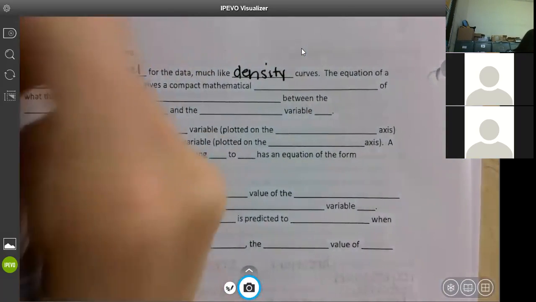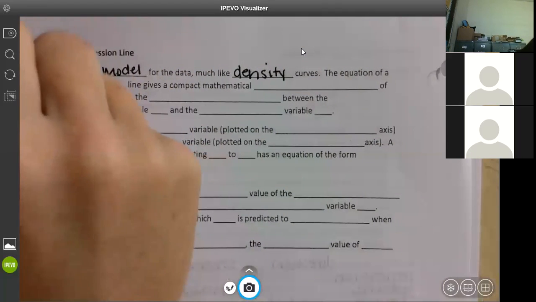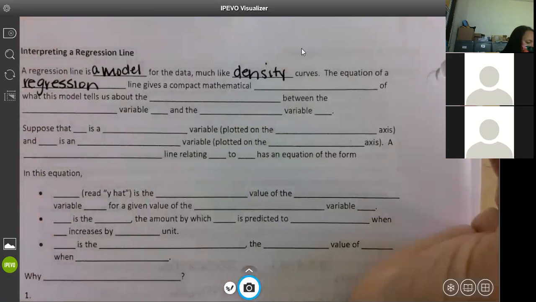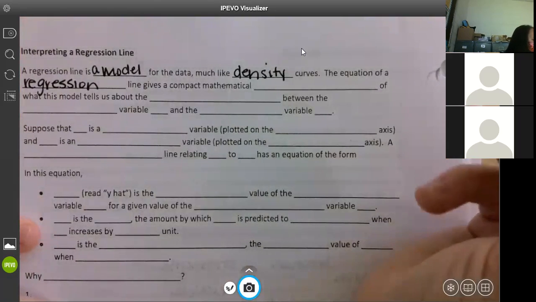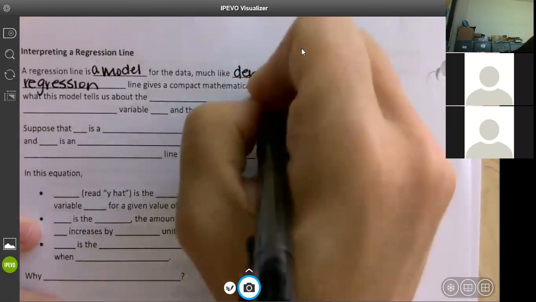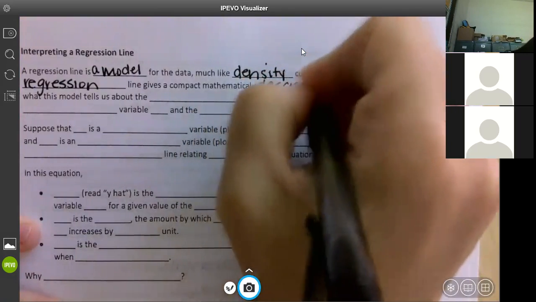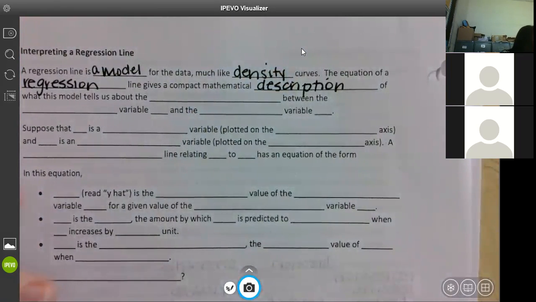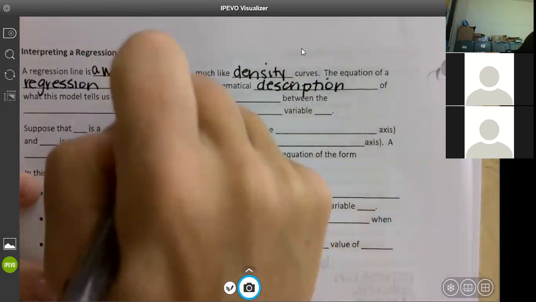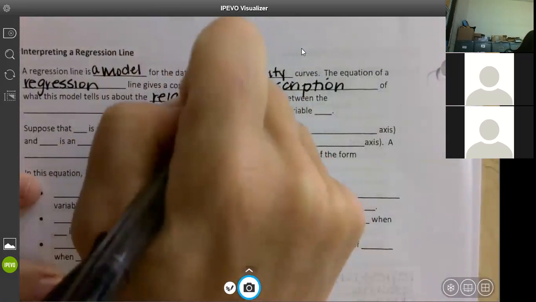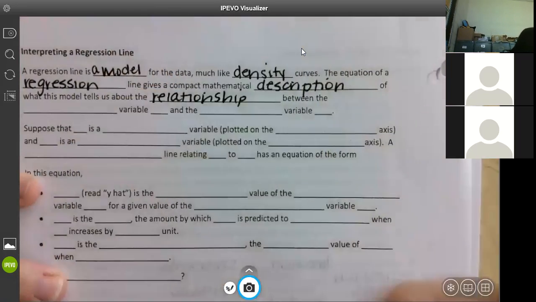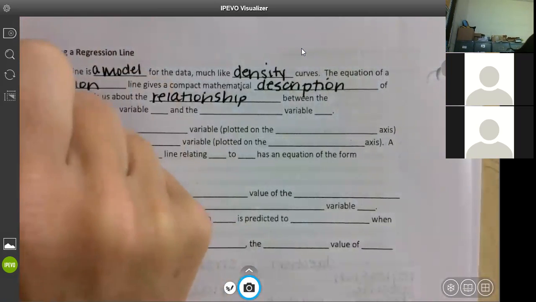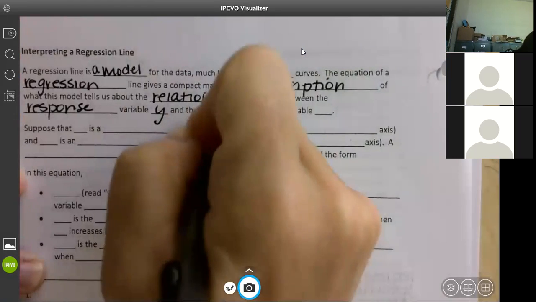The equation of a regression line gives a compact mathematical description of what this model tells us about the relationship between the response and the explanatory variable.